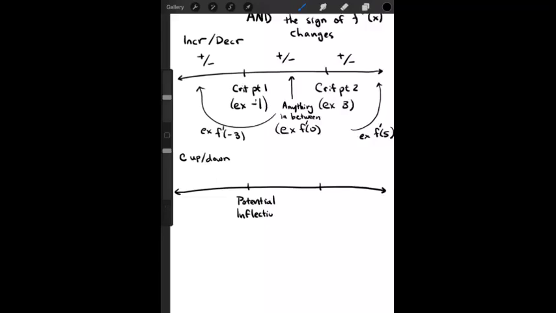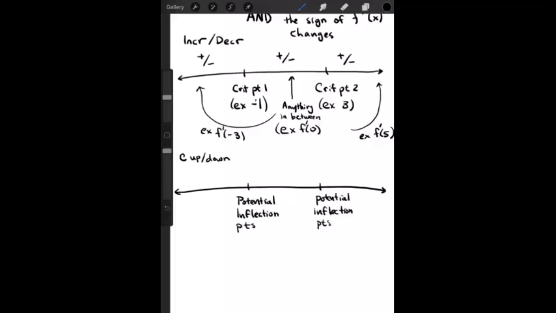We can't just say inflection points, but all those potential inflection points that we found from above, that is places where the second derivative is 0 or doesn't exist. And we're not plugging in the critical points necessarily. We're plugging things in between like we were before.